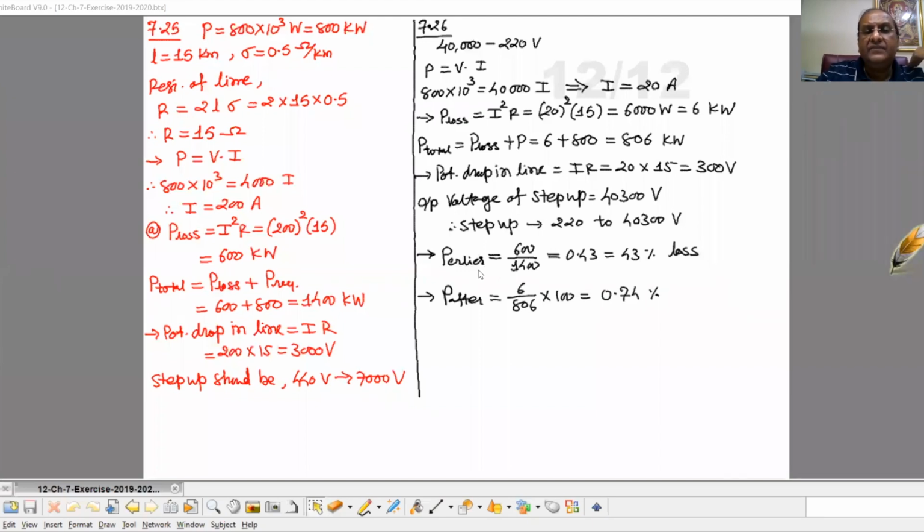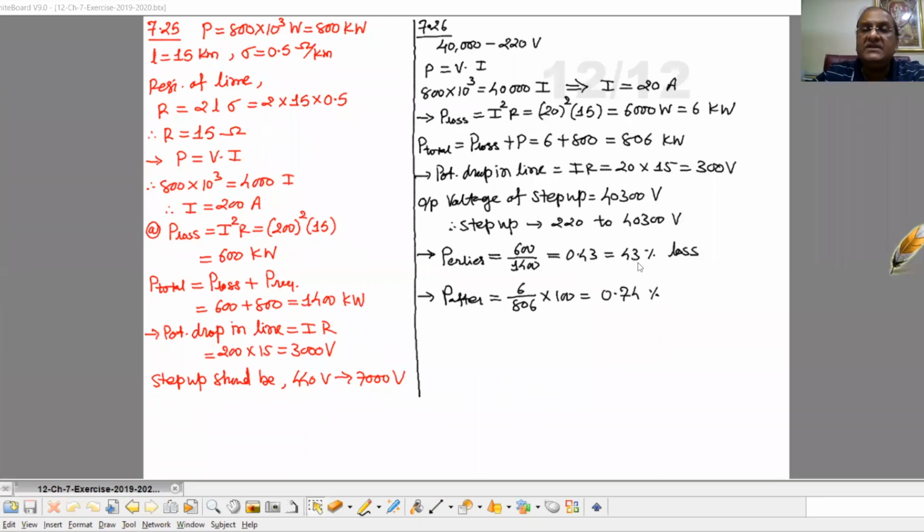Now see, earlier in this particular case, the power loss, that is now relative power loss, that is 600 by 1400. 1400 generated, transferred, and 600 that is lost. It implies that the relative, that is 600 by 1400, 0.43, means 43% of power loss takes place.